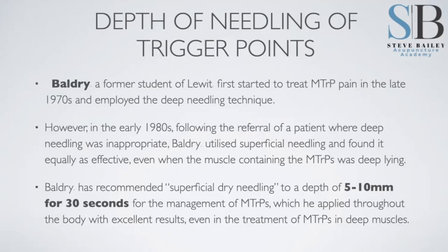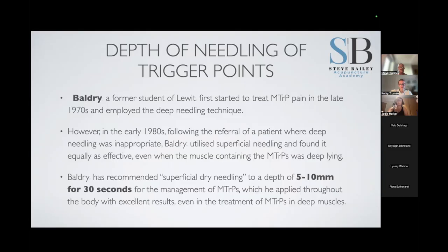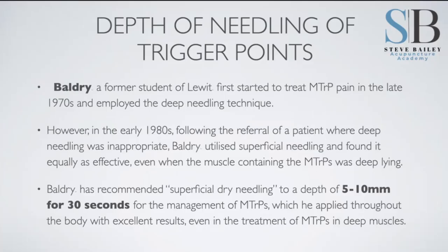However, Baldry, a former student of Lewitt, first started needling deeply. However, it came to a point where he had a patient, and because of the condition the patient had, he wasn't able to needle as deeply, and therefore he did superficial needling on that patient, and he found that the effect was just as good as the deep needling.